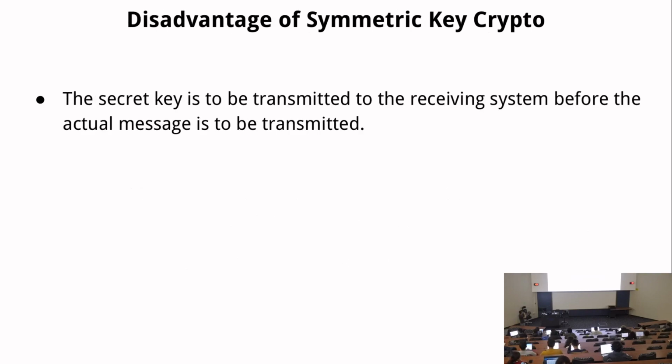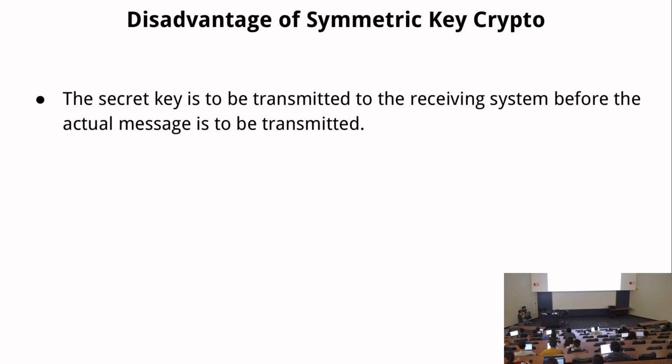But with symmetric key crypto, there is a very big but there. It has a disadvantage. The disadvantage is that the two communicating parties have to have a shared secret key. So how do you share that secret key?